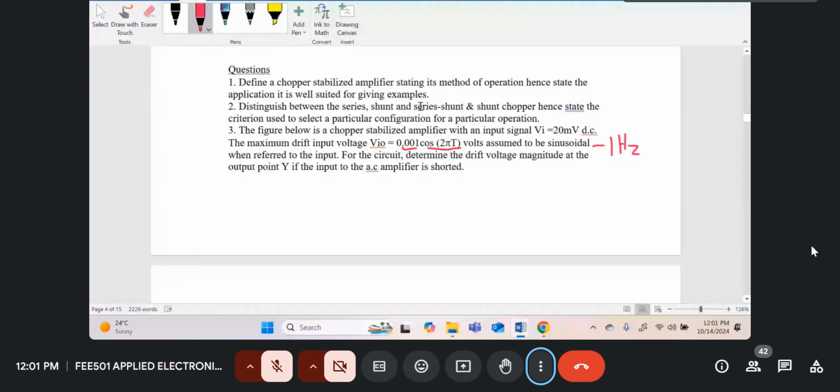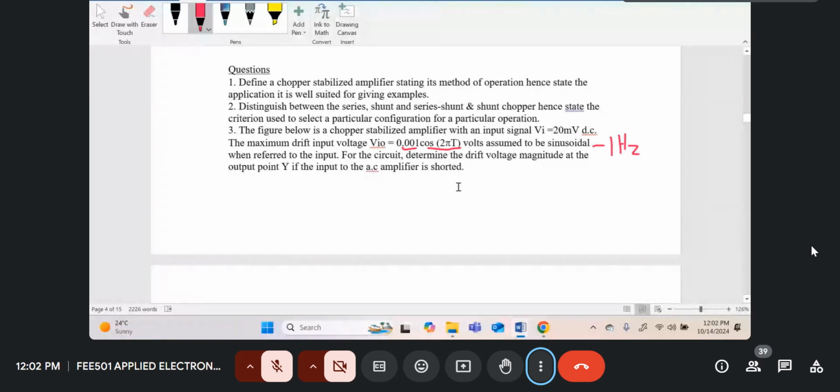Hence state the criterion used to select a particular configuration for a particular operation. That's from the table and also from the summary. It said if you want something cheap, a low cost, use series chopper. If you want a high performance circuit, use series-shunt chopper.